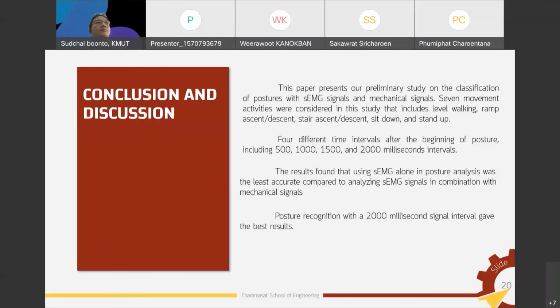The result found that using SEMG alone in posture analysis was less accurate compared to analyzing the SEMG signal in combination with the mechanical signal. Posture recognition with a 2000 millisecond signal interval gave the best result.